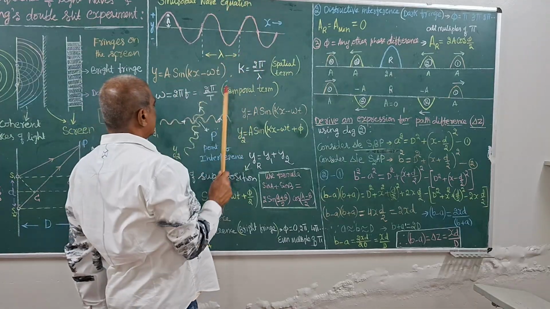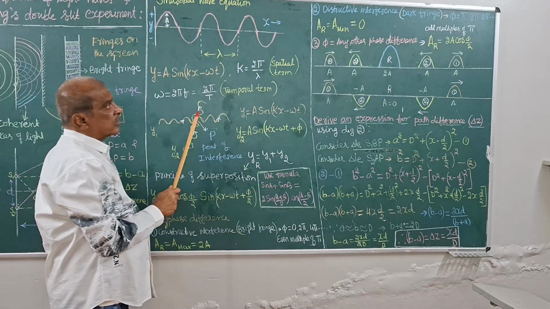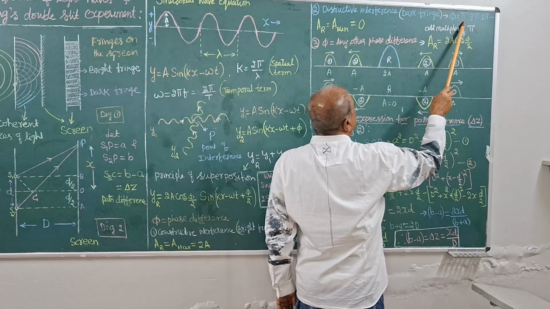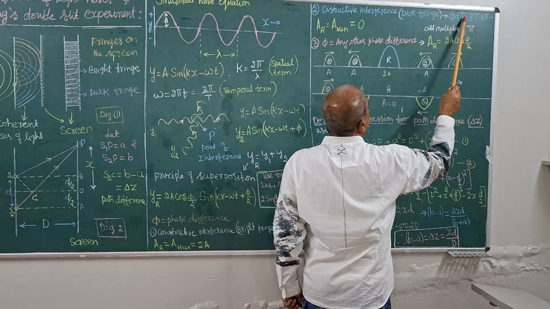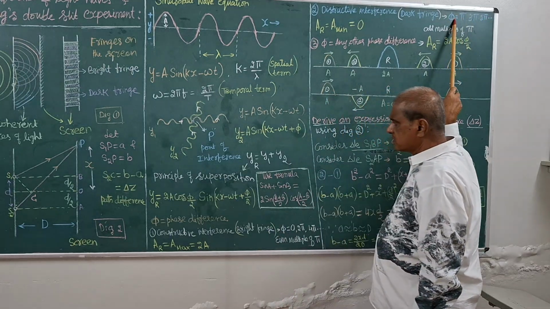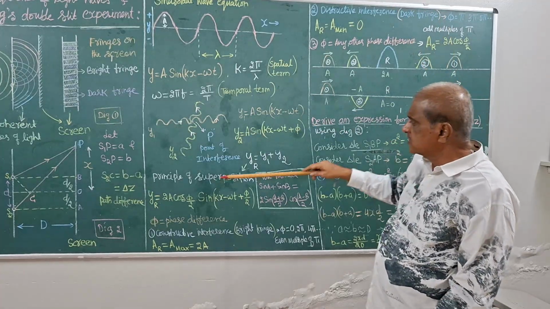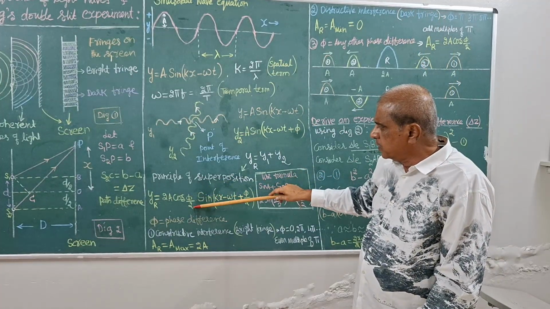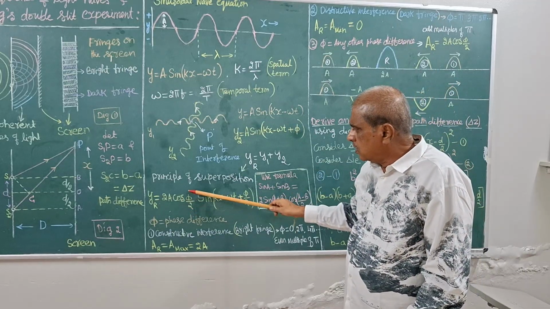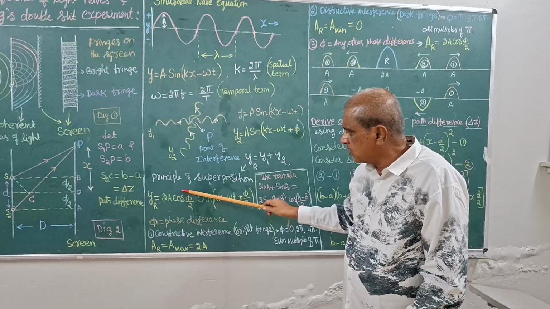If at this point of intersection the phase difference is these values, pi or odd multiples of pi by 2, such as pi by 2 or 3 pi by 2, then the cos of those values becomes 0 always.